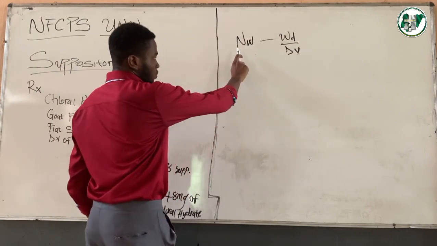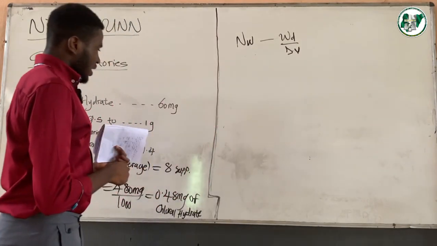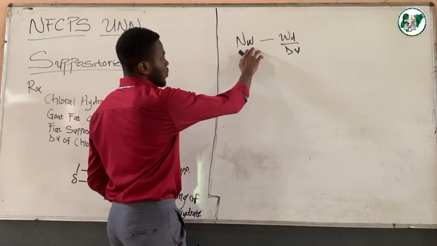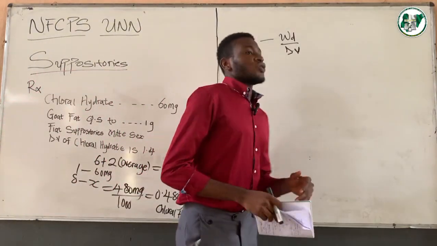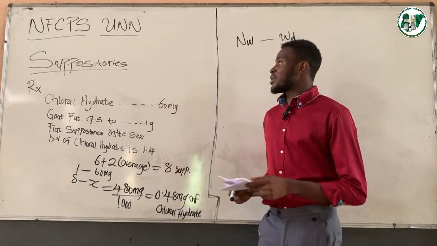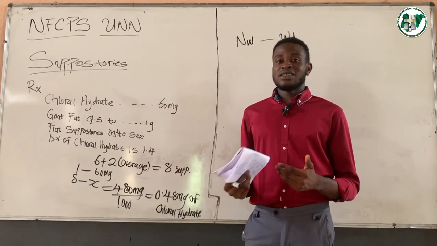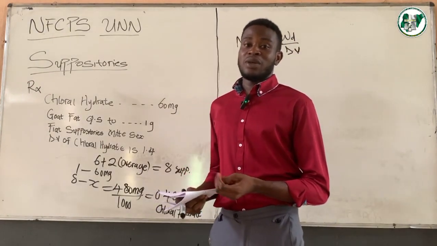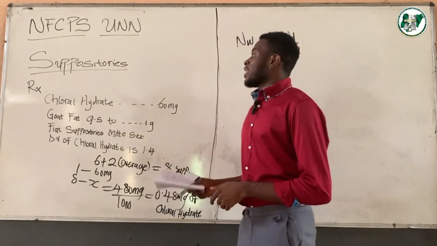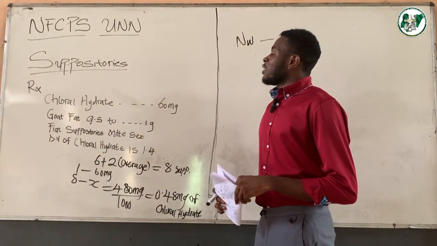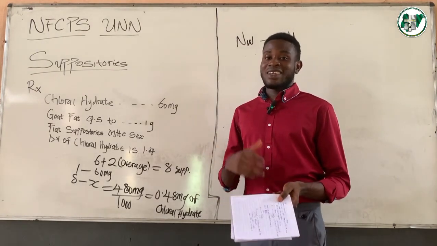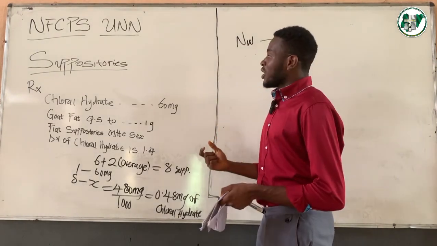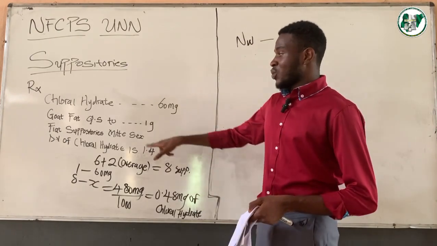This N is the number of suppositories, in this case 8, and W is the weight of the mold. Now, one of the key factors it's important for you to note is that when we are preparing suppositories, based on the type of base we use, which is either fatty soluble bases or water soluble bases, at the end of the day, after filling up our mold cavities with the liquid in our crucible, the weight of the suppository is going to be dependent on which base we use.